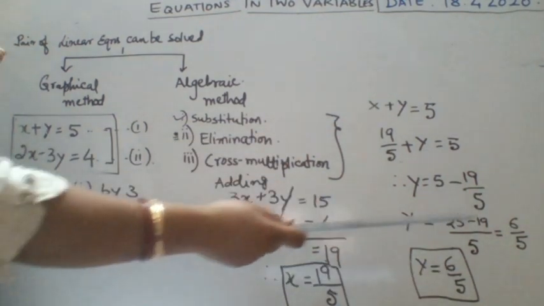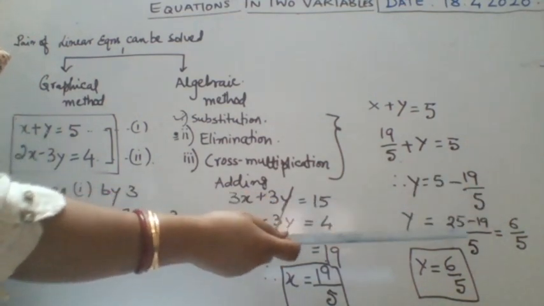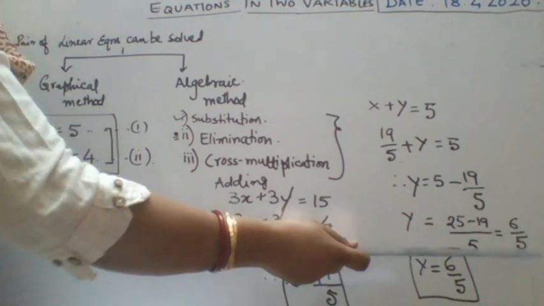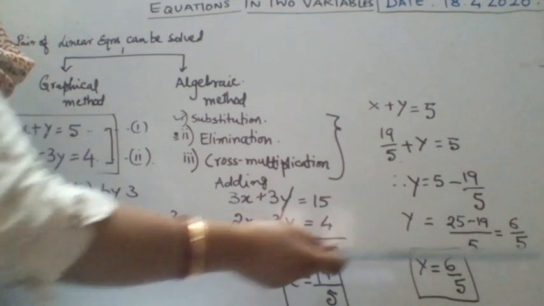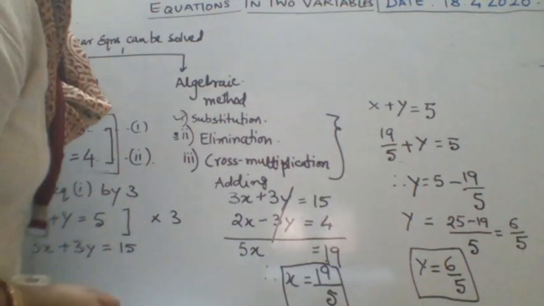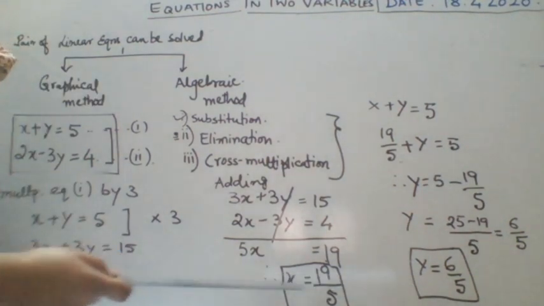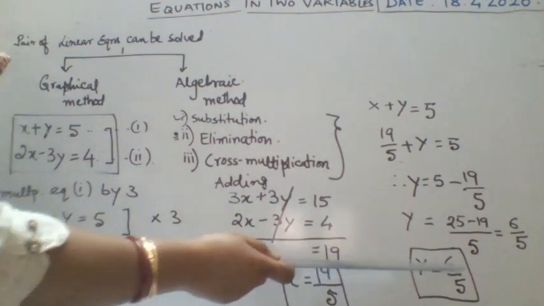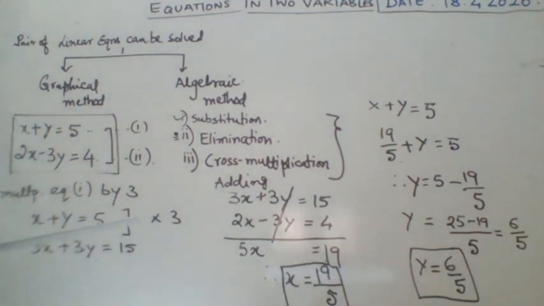LCM is 5. 5 into 5 is 25 minus 19, so 25 minus 19 is 6, 6 upon 5. So in this way, the value of one variable, x, was 19 by 5, and the other variable y is equal to 6 upon 5. This is how we solve it.